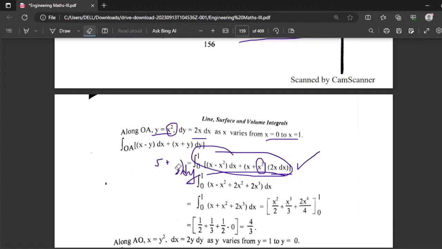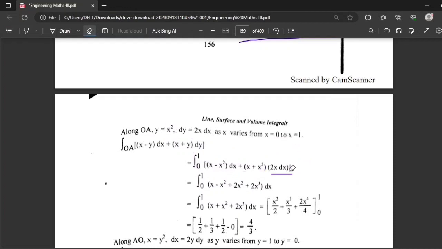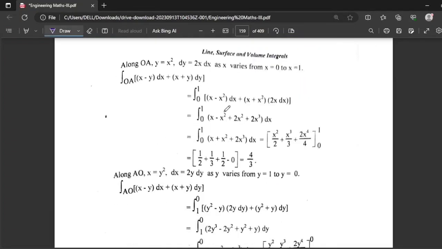So for OA, converting it into x is easier and less confusing. So x minus x square, and 2x square times 2x, that is x cube, dx. 2x square minus x square is x square, and 2x cube will remain the same.